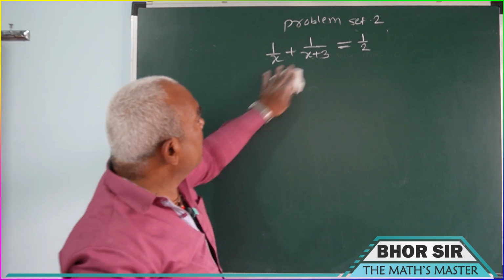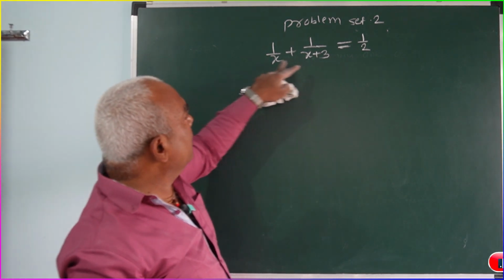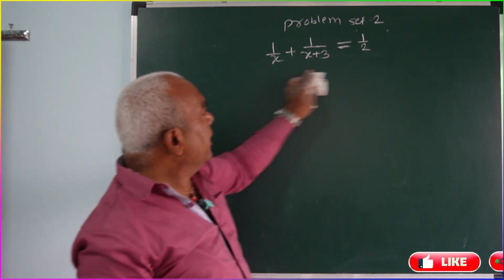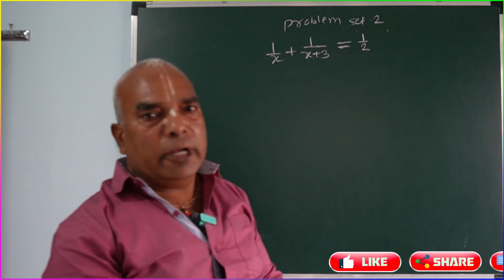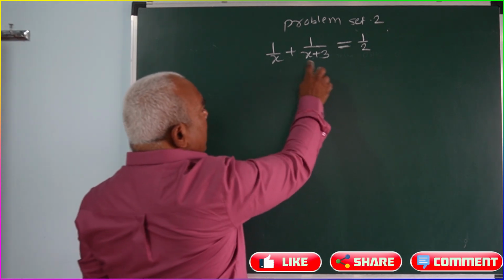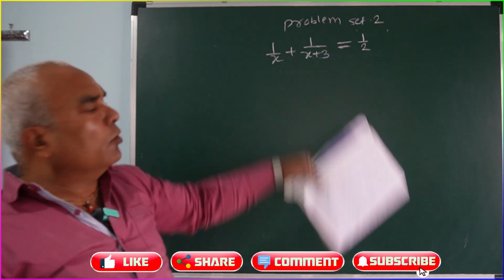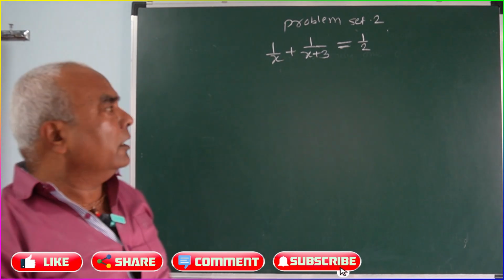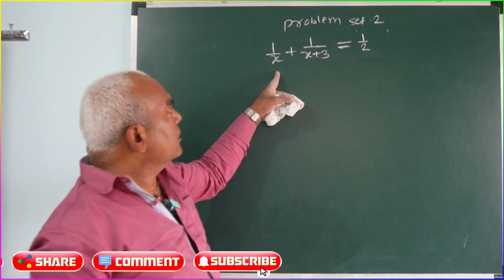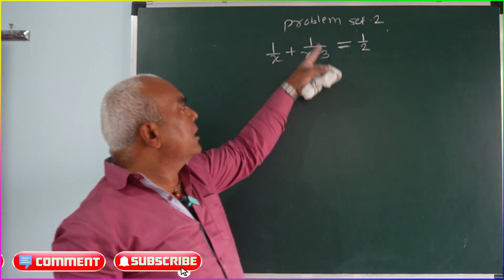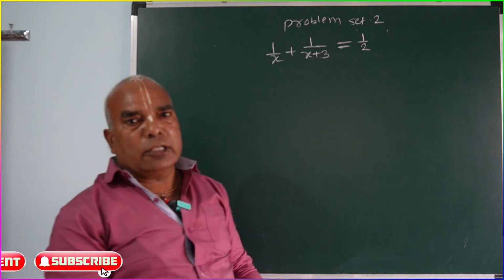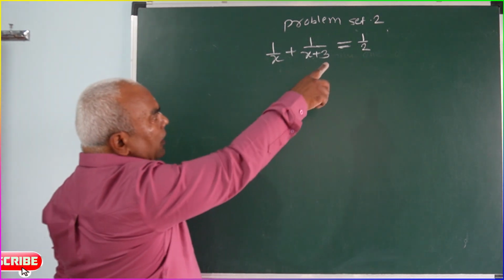Therefore, in 1 hour the smaller tap fills 1 upon x plus 3 and the larger tap fills 1 upon x of the tank. Together this much, and if open together, half the tank finishes. This is 1 upon 2. This will be the equation: 1 upon x for the larger tap in 1 hour, 1 upon x plus 3 for the smaller tap in 1 hour, and together making half the tank.